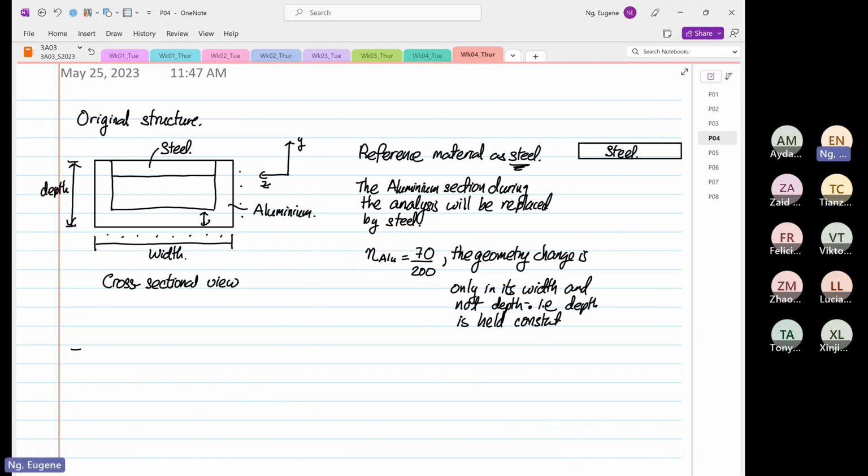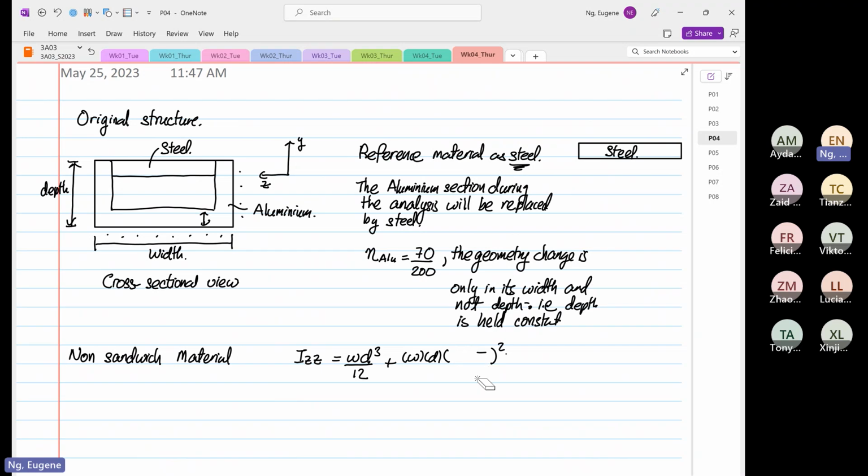To find IZZ for non-sandwich material, we use IZZ is equal to width times depth cubed over 12 plus width multiplied by depth multiplied by big Y, small y squared.